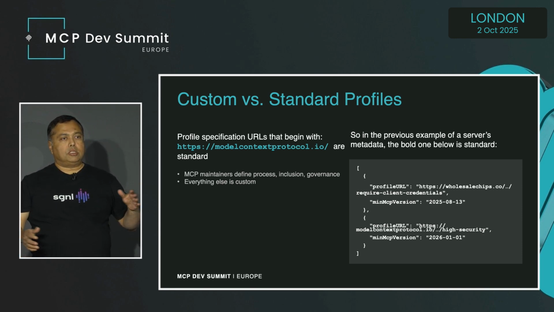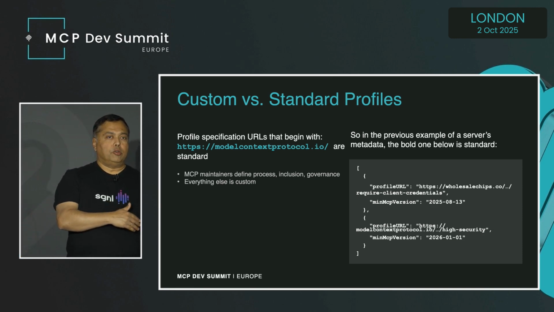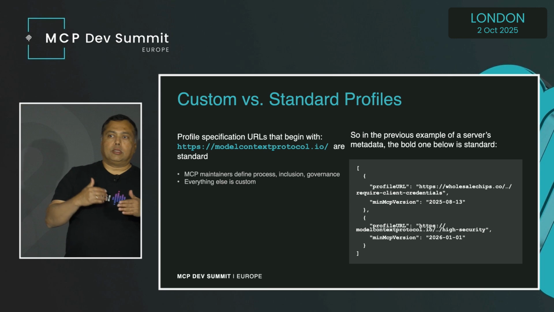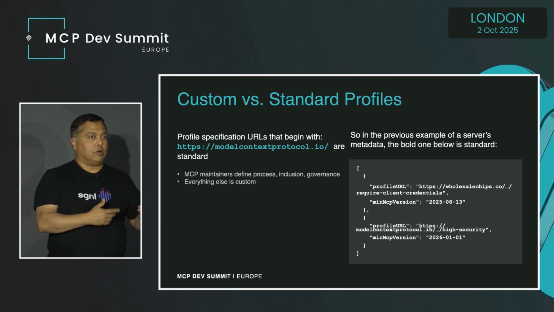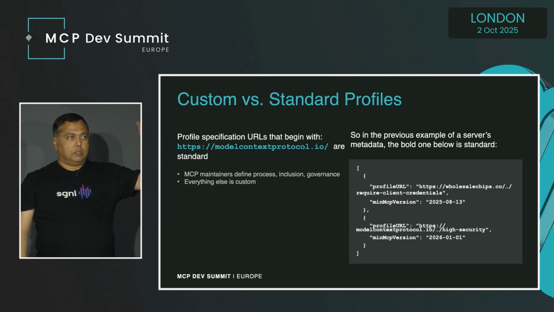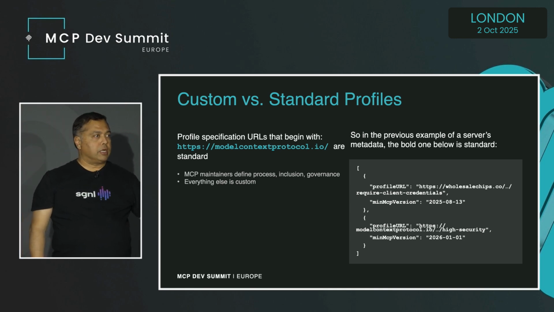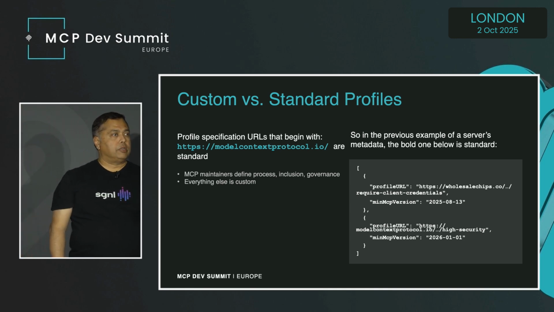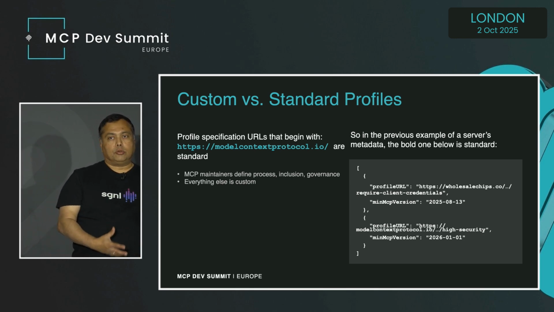Now, just because there is a standard profile doesn't mean you have to use it. It means that you have the choice of using it. So in your organization, you might say, there is a standard profile, and I want all my clients to only support that particular standard profile. So if they cannot connect with an MCP server using that standard profile, then the client should drop the connection, right? So you can configure your MCP clients to do that.